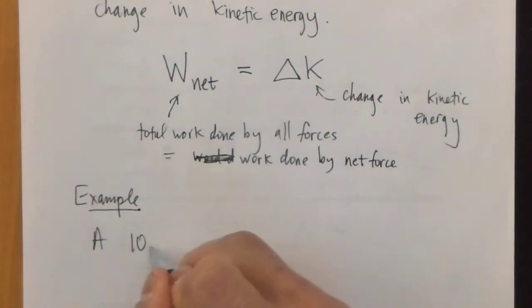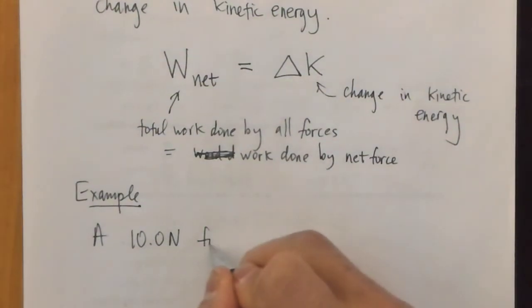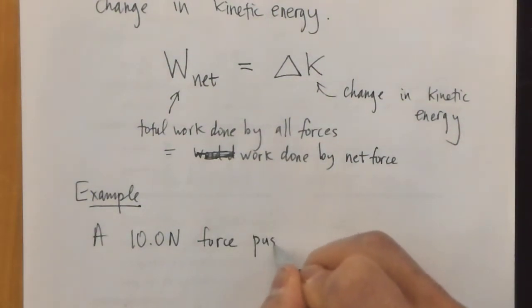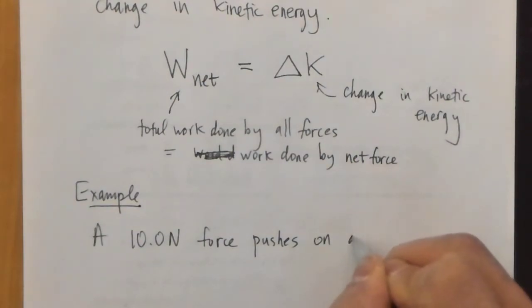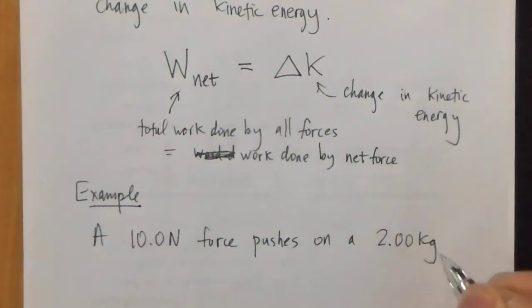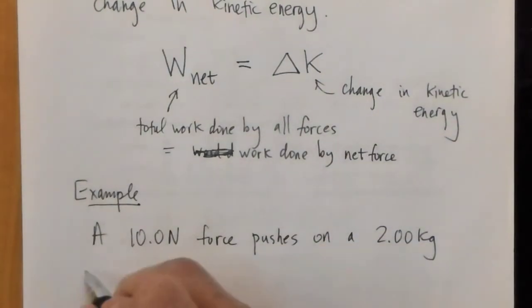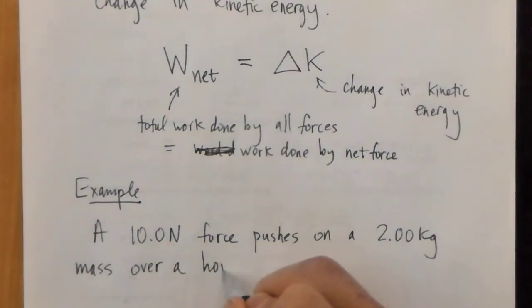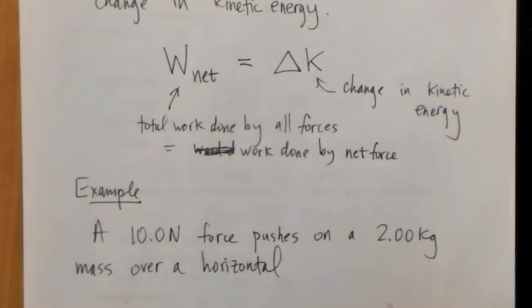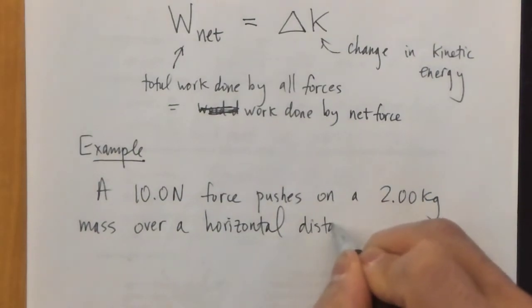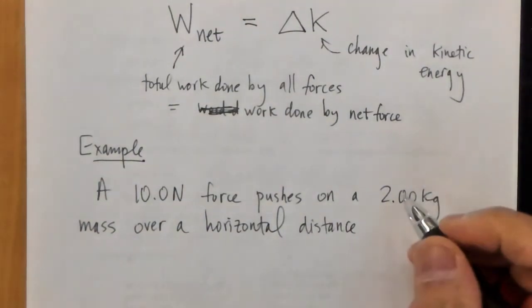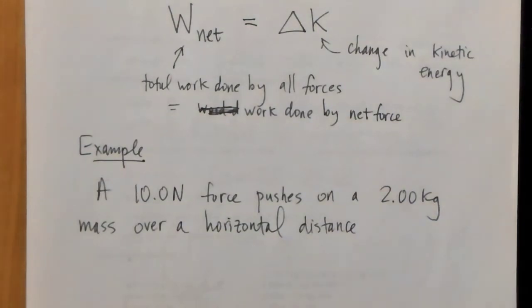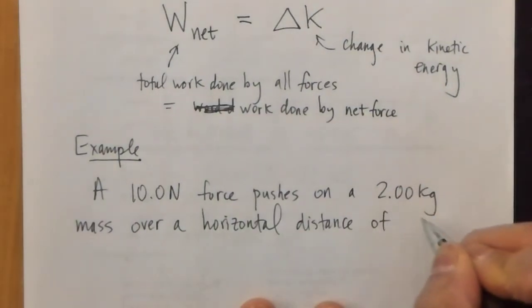Let's say a 10.0 Newton force pushes on a 2.0 kilogram mass over a horizontal distance of 10 meters.